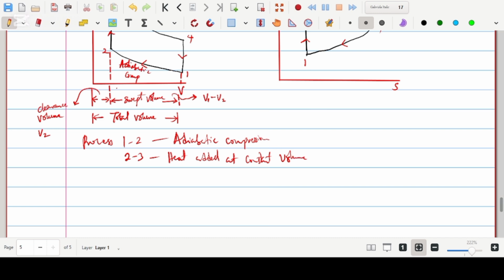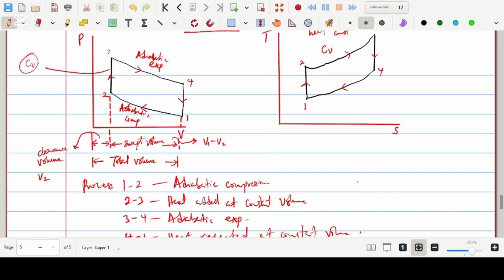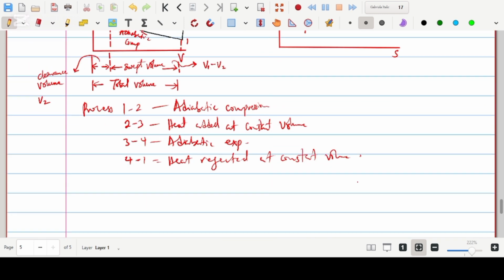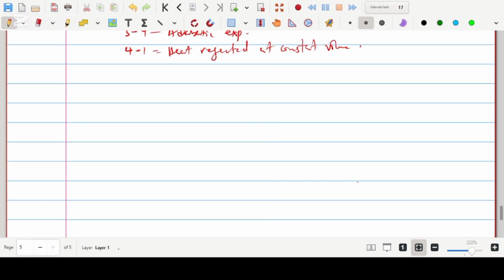Process 3 to 4 is adiabatic expansion. Process 4 to 1 is heat rejected at constant volume. Now for every process, let us derive the formulas.